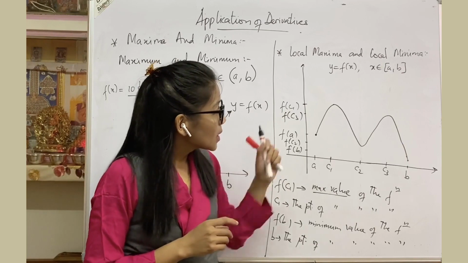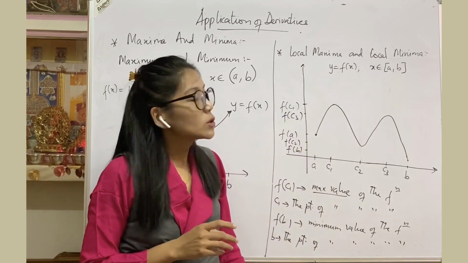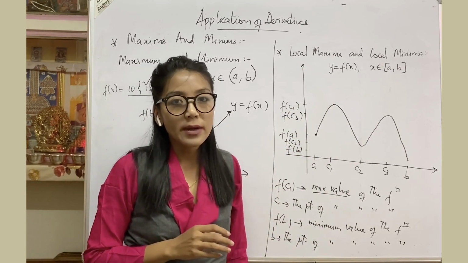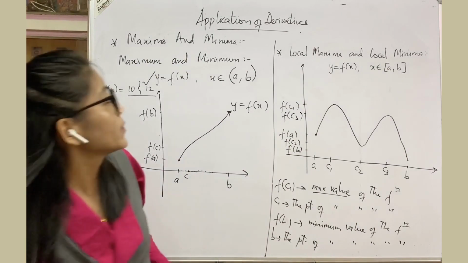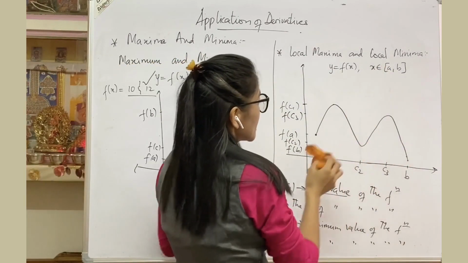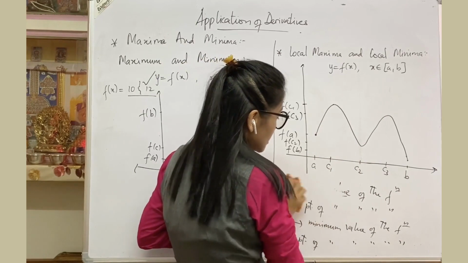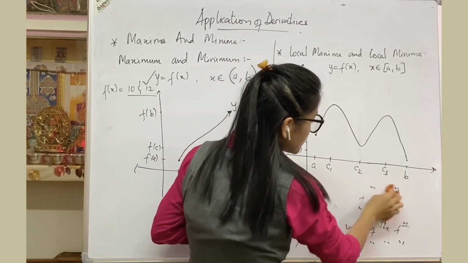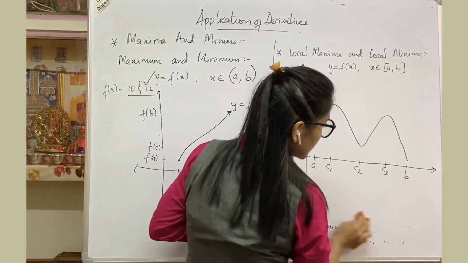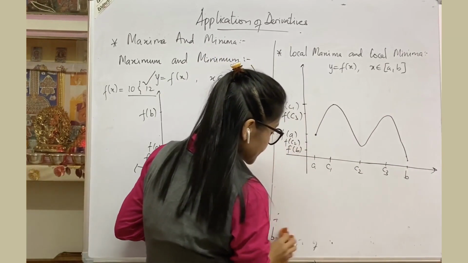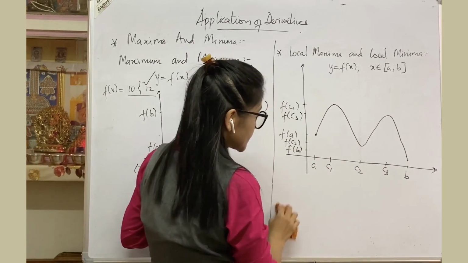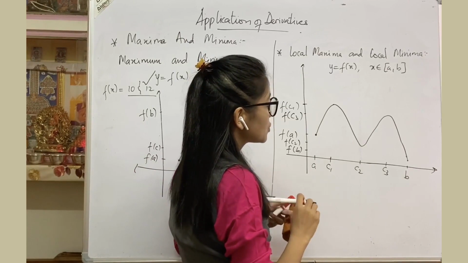Okay, now let's come to the local maxima and local minima, right? Now local means you have to take sub-intervals, right? Now I'm going to divide it into intervals.